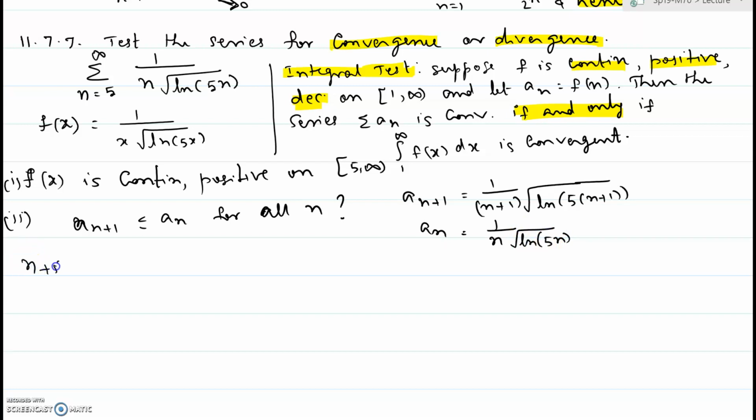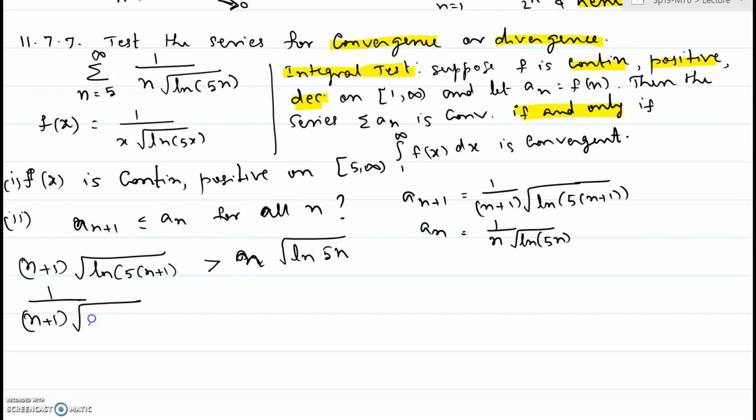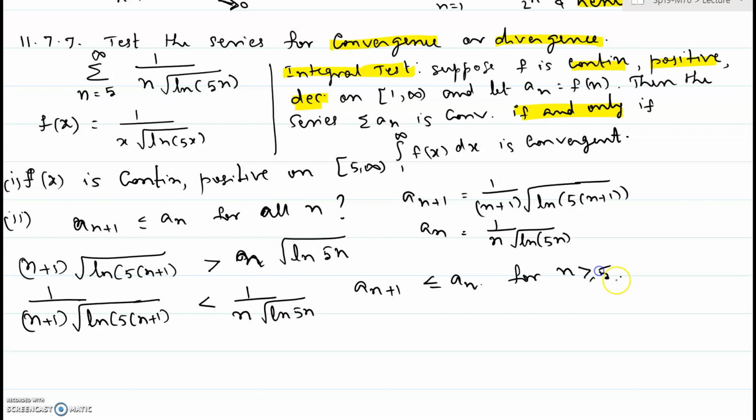We can definitely say n plus 1 times square root of ln of 5 times n plus 1 is more than n times square root of ln of 5n. So when we take the reciprocal, 1 over n plus 1 times square root of ln of 5 times n plus 1 is smaller than 1 over n times square root of ln of 5n, which clearly shows a_(n+1) is smaller than a_n for every n more than or equal to 5.